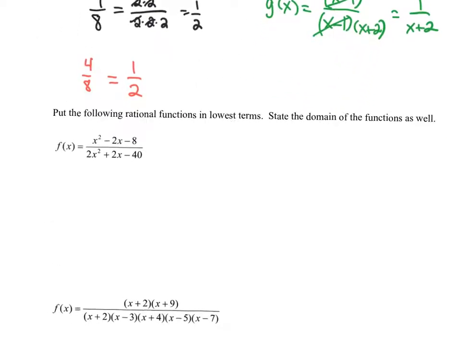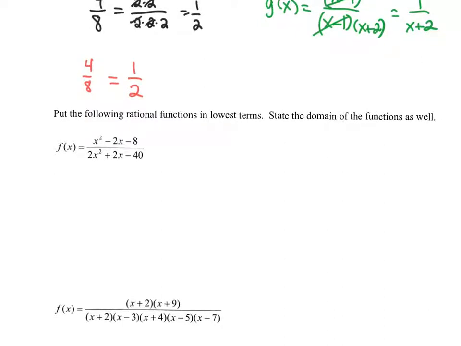So we have x squared minus 2x minus 8 over 2x squared plus 2x minus 40. Again, good idea to go ahead and factor it since it's not. So that's (x minus 4)(x plus 2), two numbers that multiply to negative 8, add to negative 2. And this is always a good time to practice your factoring. If I look at the bottom here, I can take a 2 out and be left with x squared plus x minus 20.